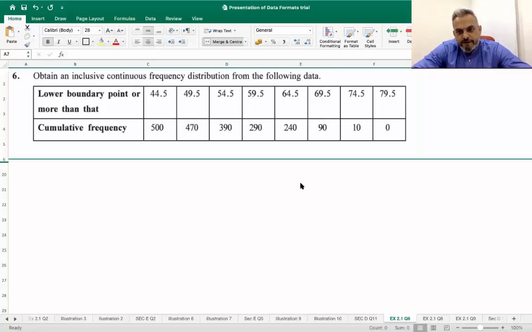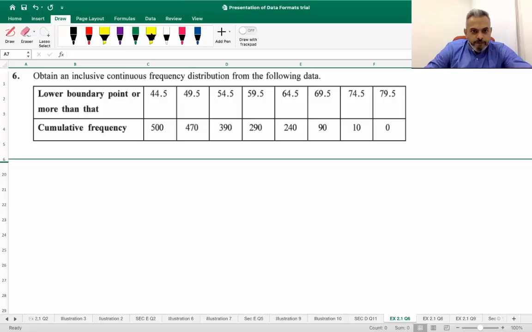Question number 6. Obtain an inclusive continuous frequency distribution from the following data. Now, you know it is inclusive, so an inclusive continuous frequency distribution.